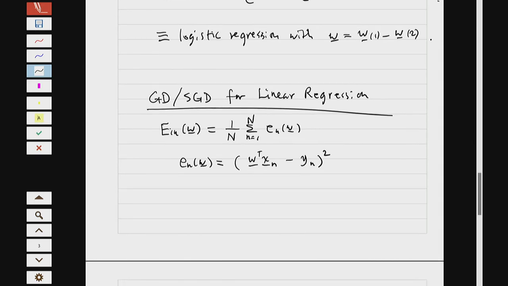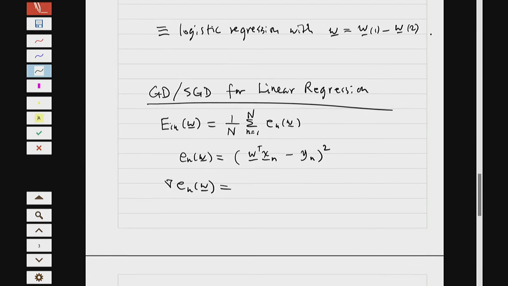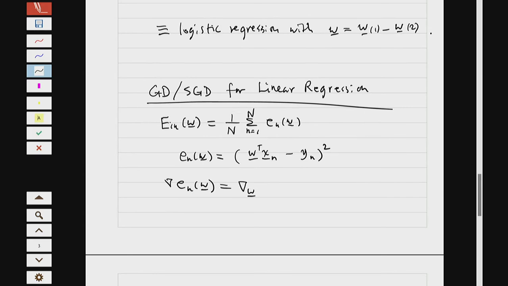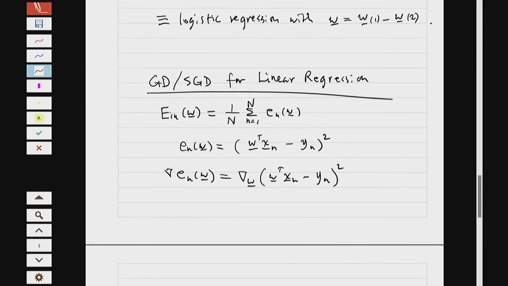If you want to use gradient descent to solve this problem, then we have to find the gradient of this En. No big deal, just take the gradient of the square error. The formulas that we have learned before still apply in this case. When you take the derivative of a square, you get 2 times the same thing inside the square.